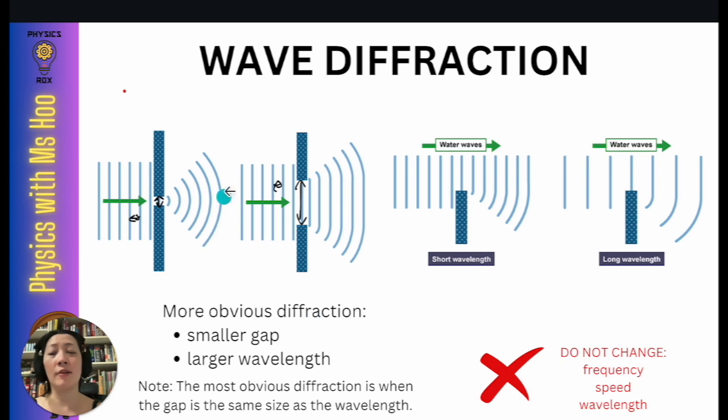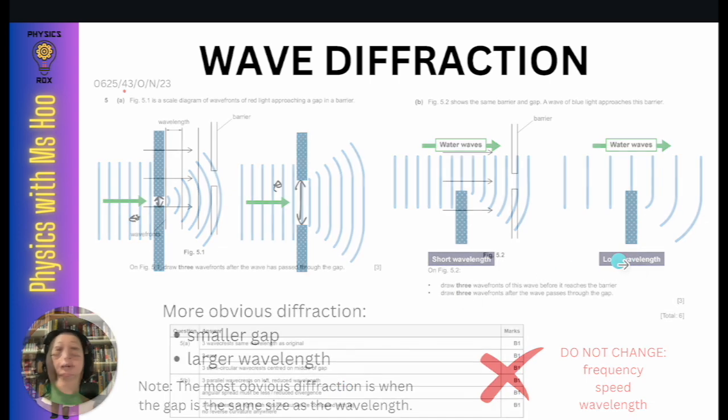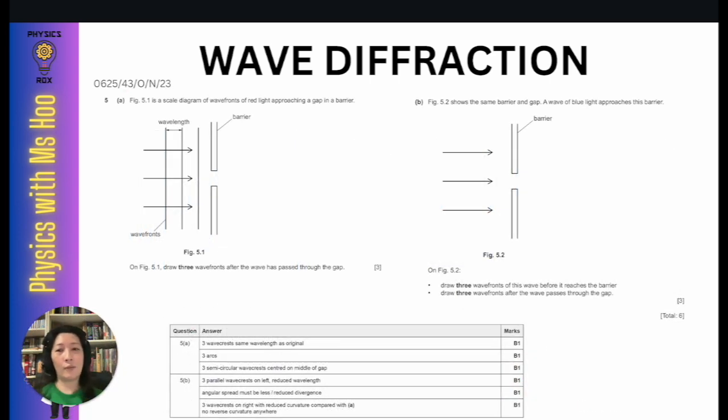So in order to see a more obvious diffraction, meaning that we see a change in the shape of the wavefront from plane to circular, this is most obvious when the gap size is the same size as the wavelength. So in IGCSE, you learn that the most obvious diffraction is just that when there's a smaller gap. But to be very specific, it's most obvious when the gap is the same size as the wavelength.